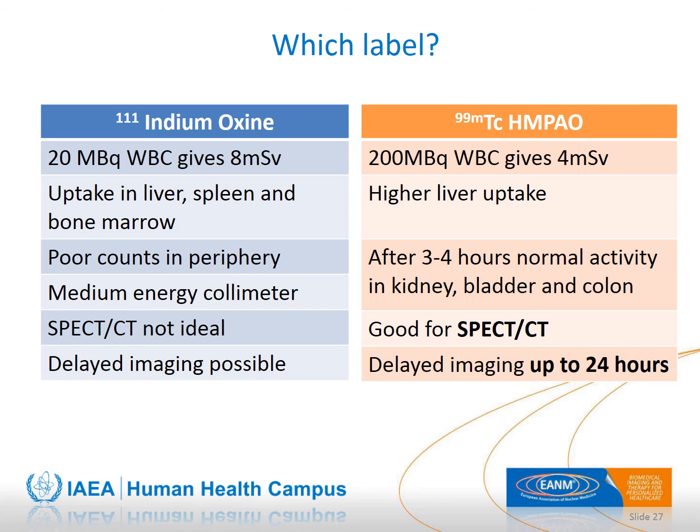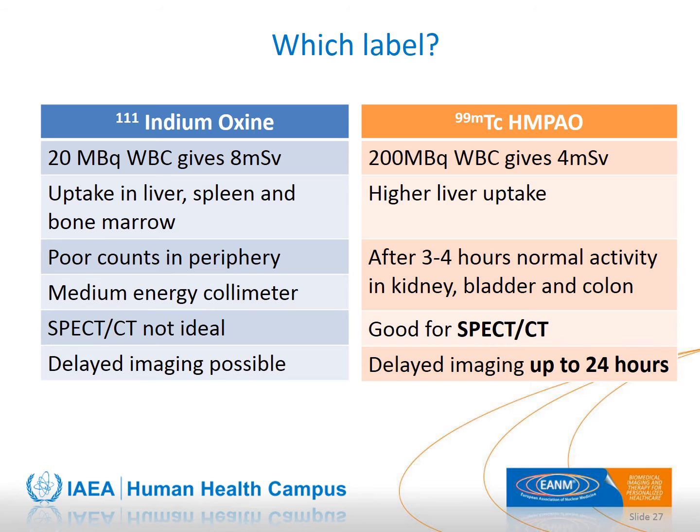Indium oxide has a longer physiological and biological half-life, being an ideal agent to image a chronic inflammatory process. Technetium labeled HMPAO, on the other hand, has a half-life of 6 hours and hence is better for imaging which would require the ideal attributes of technetium for a gamma camera.